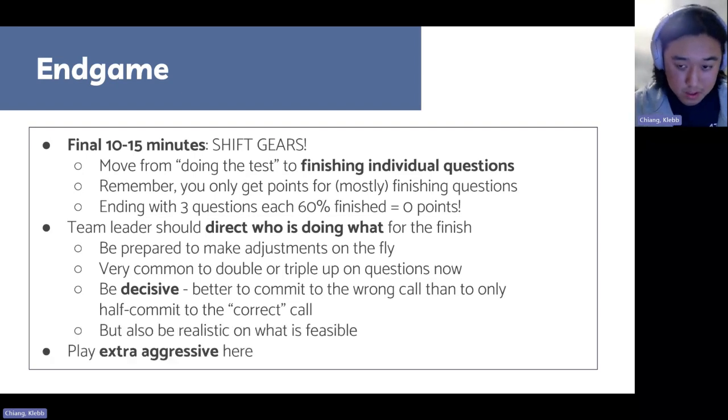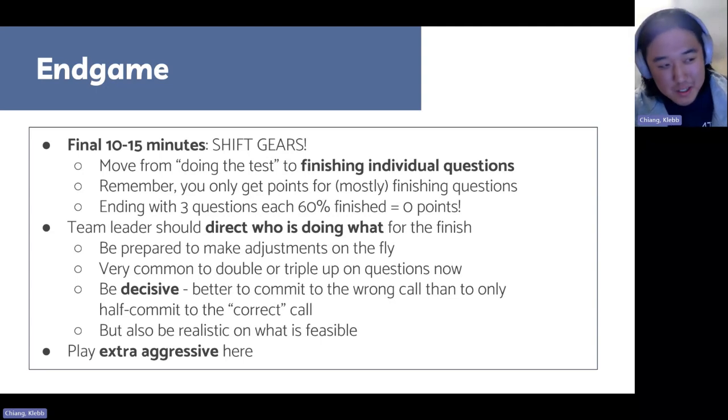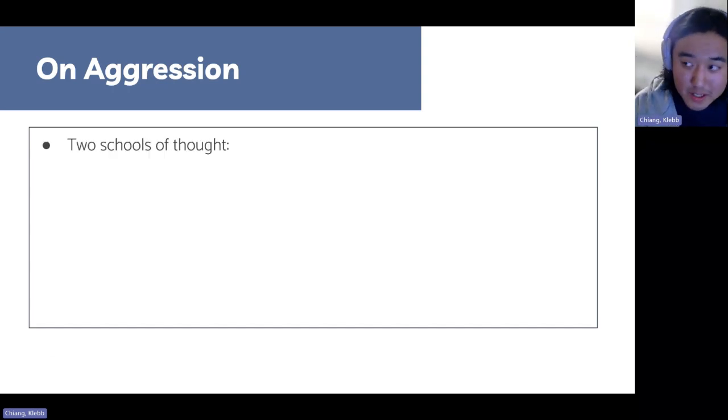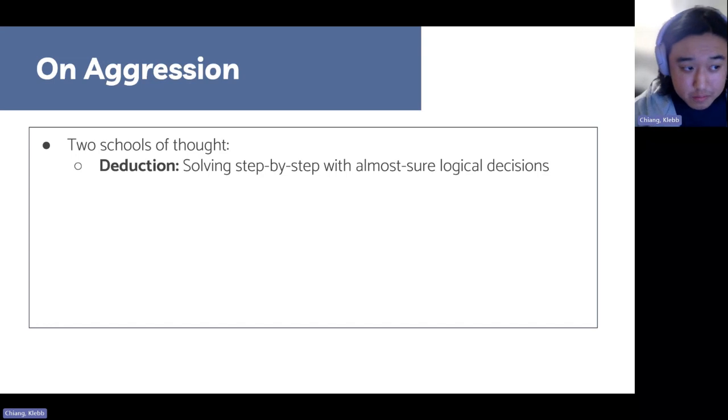Okay. This is also a time to play extra aggressive. And I've used that word twice now. So what does playing aggressive mean? Let me talk about this. Okay. So Codebusters tend to have 2 general schools of thought with regards to the approach to the event. The first is using deduction. That's solving step by step, using logical decisions at each step, making decisions that are almost sure.